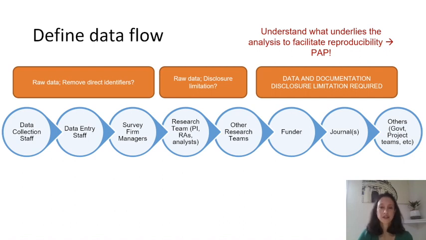Maybe that's still only with a smaller group of data handlers for purely reproducibility purposes, or maybe it's feasible to implement statistical disclosure limitation strategies on data before analysis takes place. So thinking through, hopefully in your path, when along your reproducible data flow process, can you and should you be implementing some or staged disclosure limitation strategies?